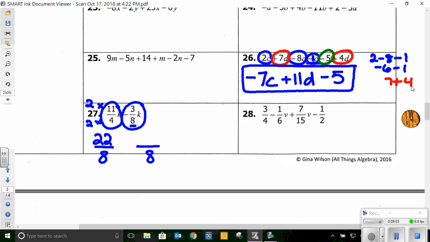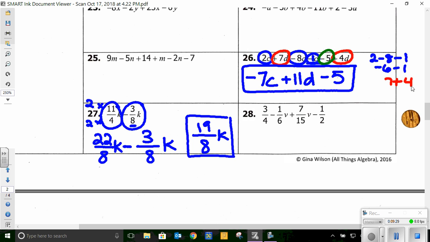So my 11 over 4k becomes 22 over 8k. I'm subtracting, and this is going to stay 3 over 8k. All right, so now this is a lot easier to do. I have 22 minus 3, and that's going to give me 19 over 8. Remember, denominators stay the same, and it's k. I cannot reduce that. That's as low as it goes.